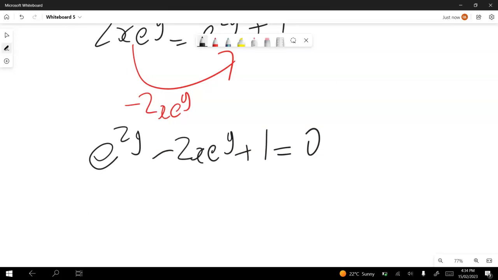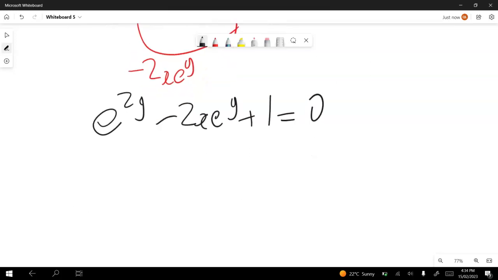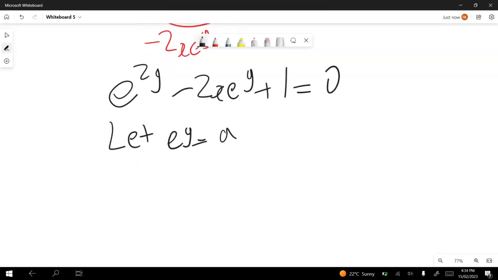Now from here, we can see that this is a quadratic, right? I can just show you that it's a quadratic. Pretend I let e to the y equal a. That means I get a squared minus 2xa plus 1. And this is a quadratic, right?